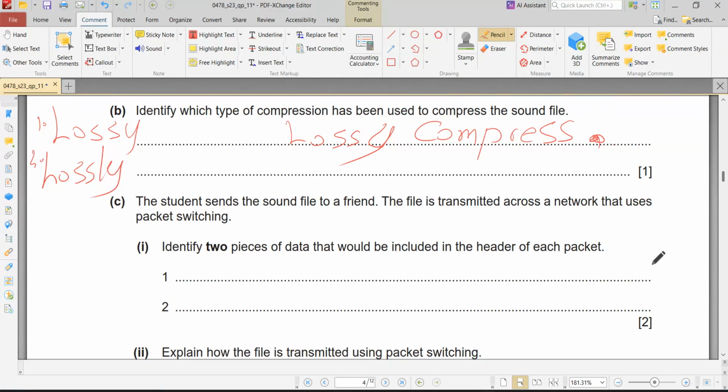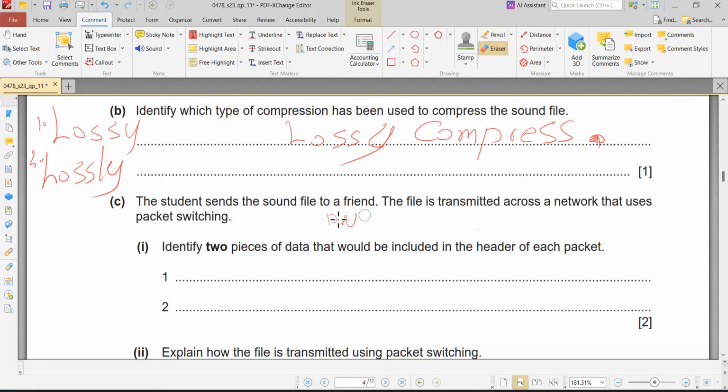So the header contains the sender and the destination IP, and also the packet number. Those are the things that you find in the header.